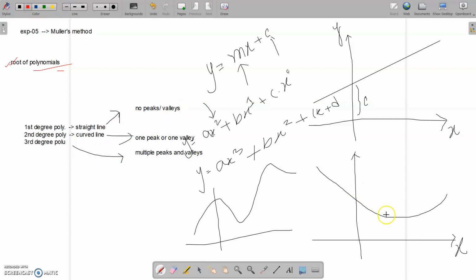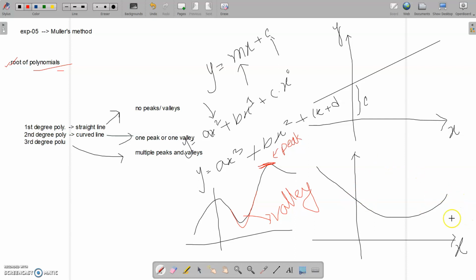Now as you can see in this curve, this one is called a peak. This is a peak point, the highest point, the top of the mountain. And this lowest portion of the curve is called a valley. These peaks and valleys are important characteristics of a function.